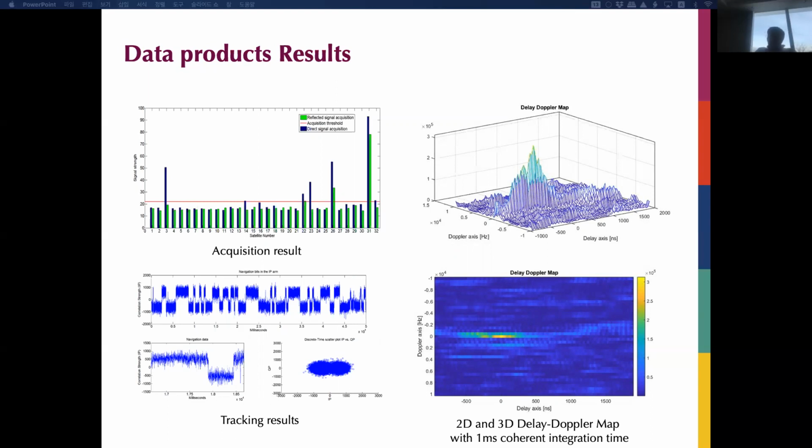From the left figure, we can say the receiver works very well in the acquisition and tracking algorithm, so we can find some satellites on the Earth. On the right figure you can see the 3-dimensional and 2-dimensional delay Doppler map. It looks very similar to what I presented on the previous slides.